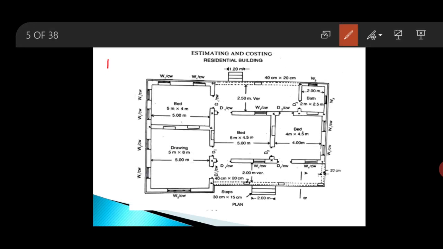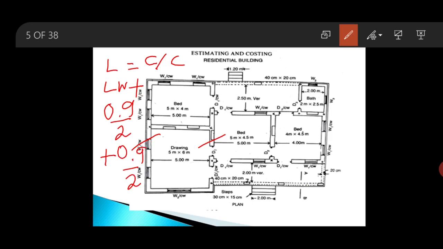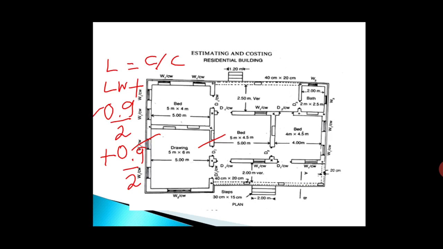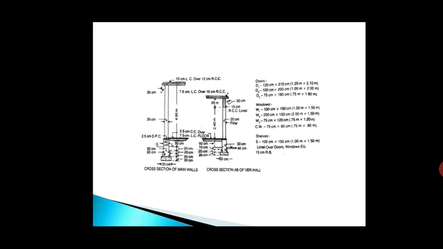The total length of the cement concrete work along these 2 long walls will be the center to center length of the long wall plus half of the width of the concrete work in foundation on both sides.